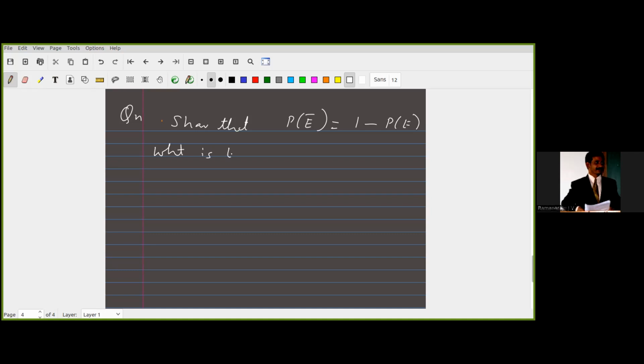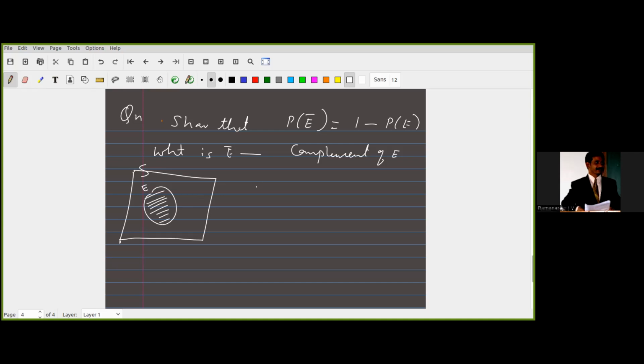E bar is nothing but the complement of E. Complement of E means what? The set of elements not in E, right? So consider this Venn diagram. You have the sample space S and then the event E.